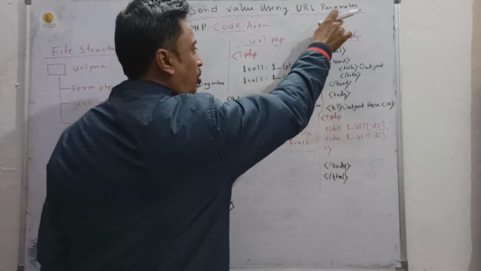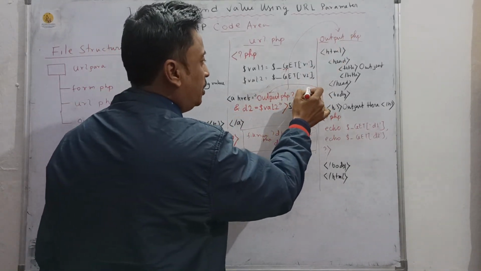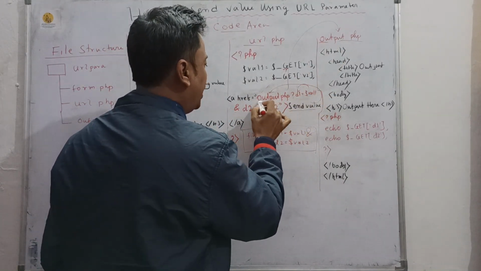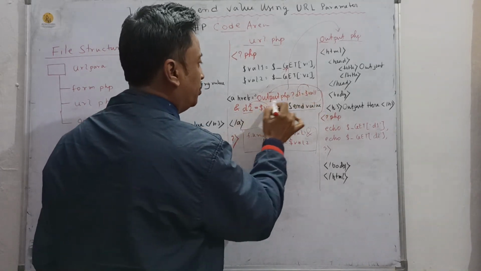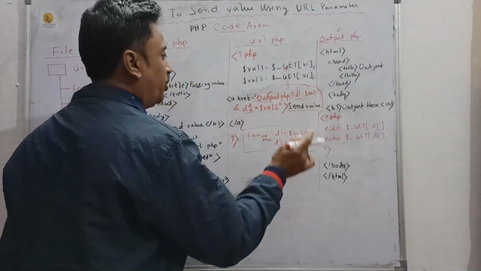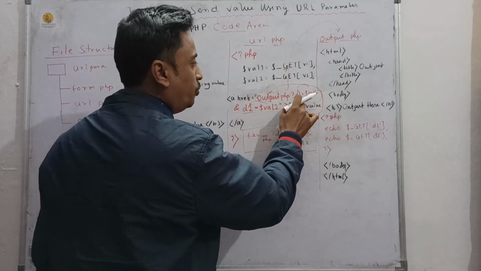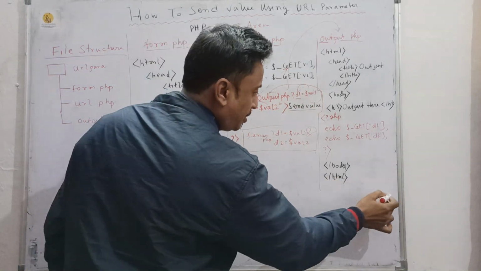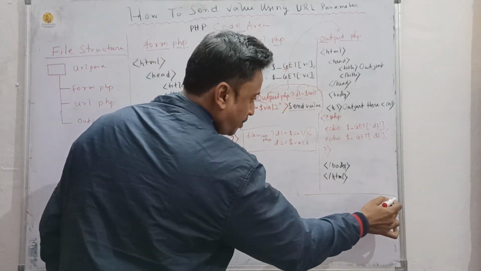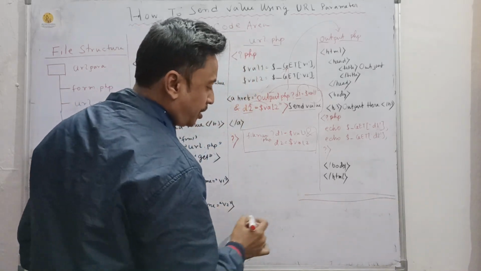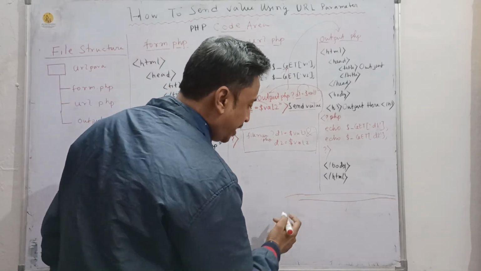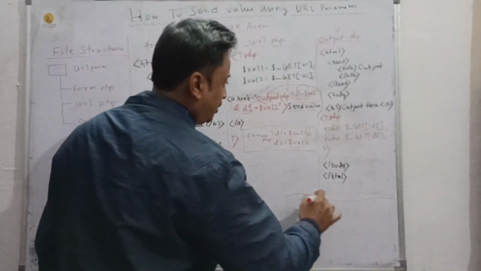When it's called, it holds two values, $val1 and $val2, in d1 and d2, right? And it appears just at the top of the taskbar, at the bottom part of your browser, where you get those values.